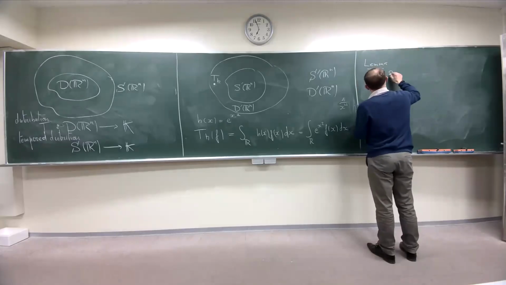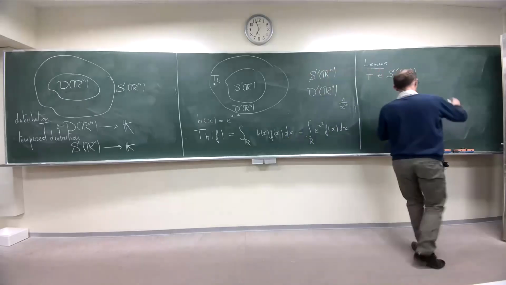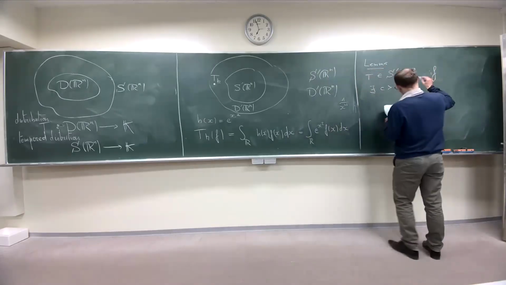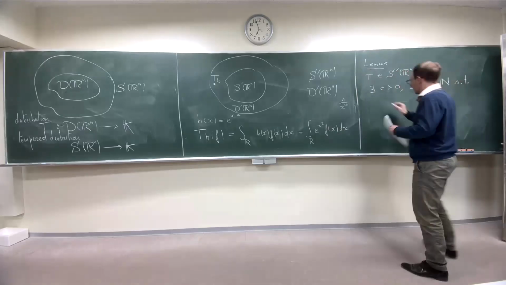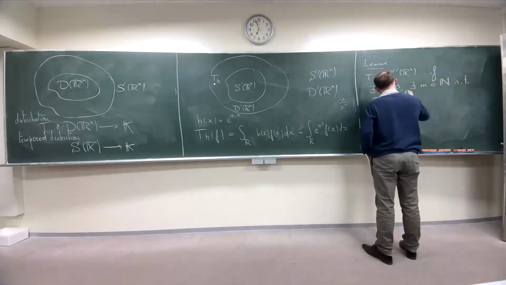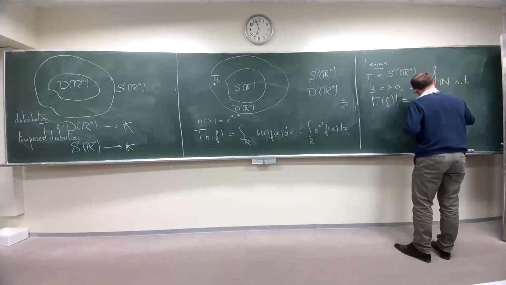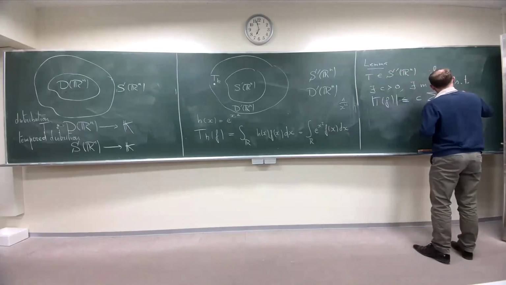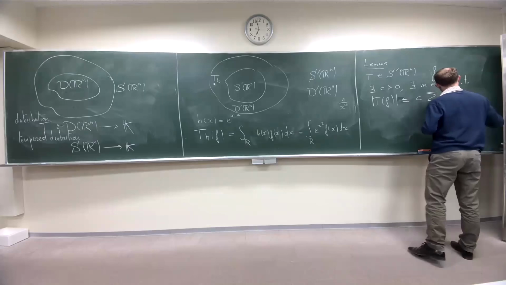T is a tempered distribution if there exists a C bigger than 0, there exists an M integer such that |T(F)| is smaller or equal to C times the sum over multi-index alpha smaller or equal to M of D alpha F infinity.